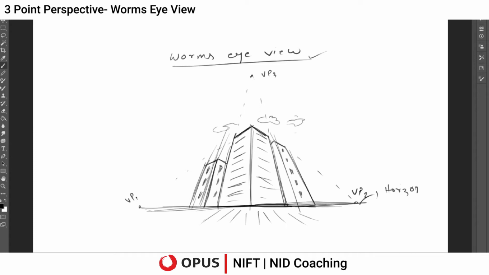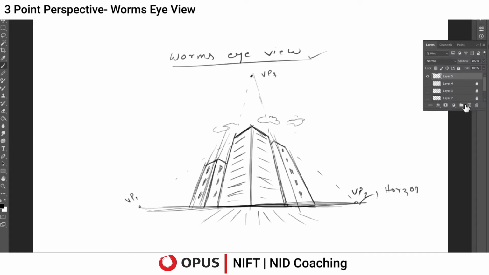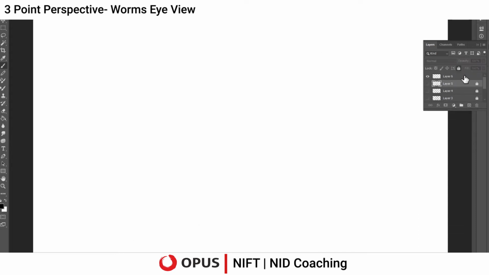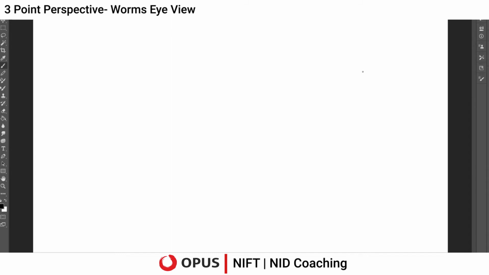Okay, so here we have taken the reference of the 3 vanishing points, but in practice, when you will be using the same concept for drawing in the examination, you will have a certain frame where you have to make the drawing.